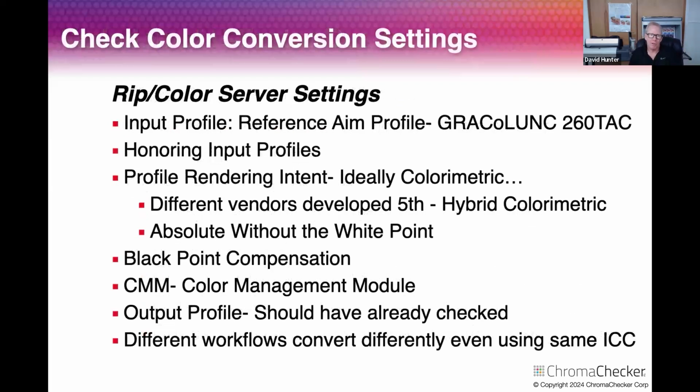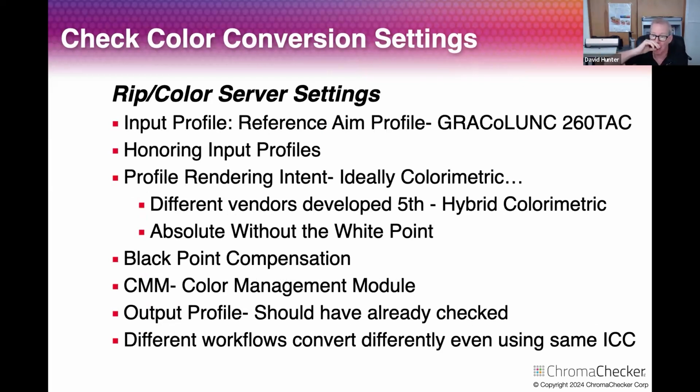Now, the color server, the color conversion settings, is another huge variable in terms of this whole thing. In one customer I was recently working with, they weren't using the Grackle uncoated profile. They were using the Grackle uncoated profile at 260 tack that someone had edited. Well, the other facility wasn't using the Grackle uncoated 260 tack profile.